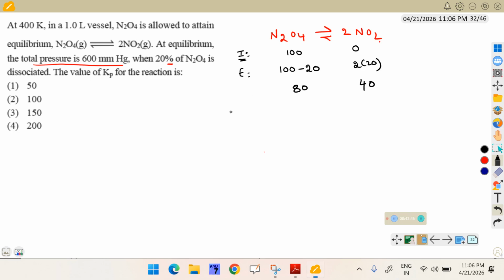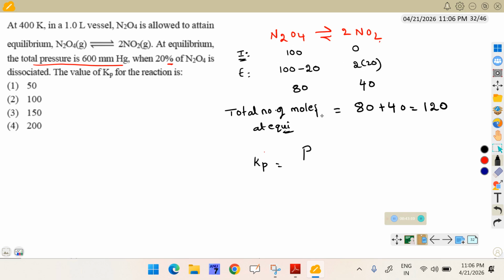So total number of moles at equilibrium is equal to 80 plus 40, that is equal to 120. Now calculate Kp. Kp is equal to partial pressure of NO2 whole square by partial pressure of N2O4.